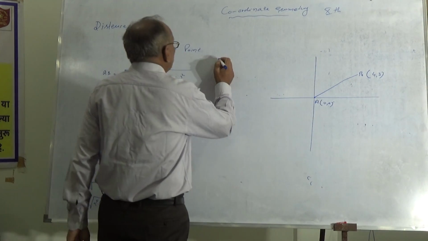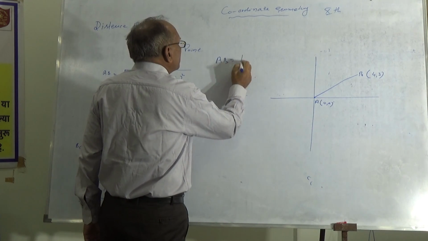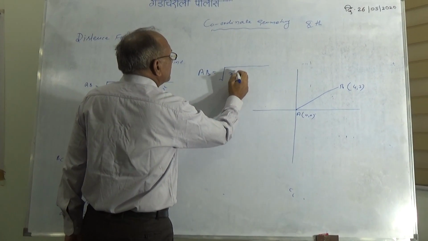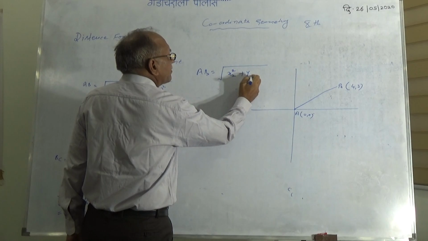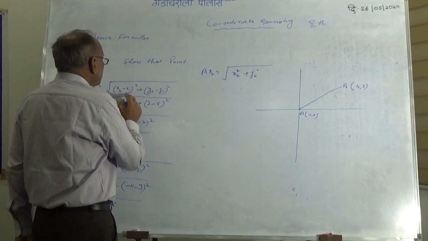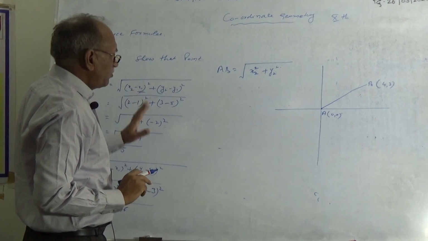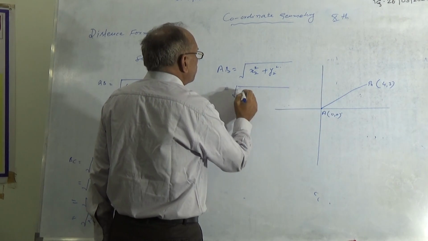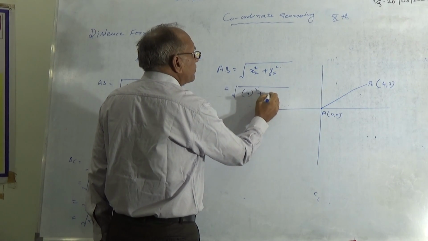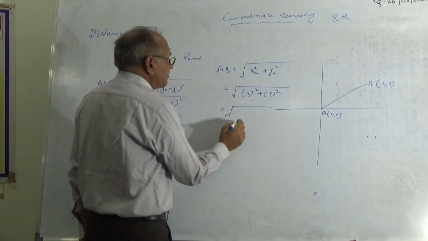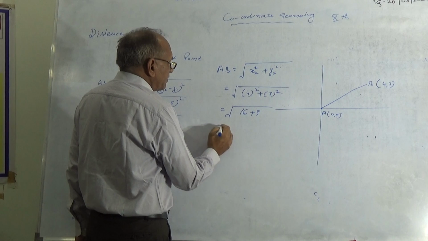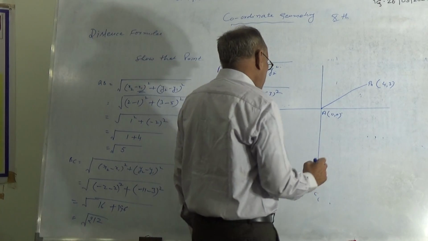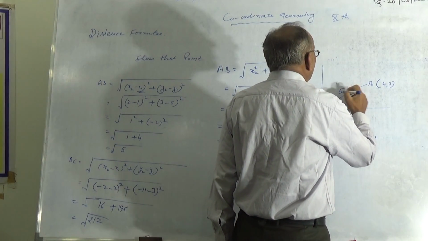Therefore, it reduces to AB equals square root of x2 square plus y2 square. Here x2 is 4 square plus y2 is 3 square. Solving further, 16 plus 9 is 25, and the square root is 5. Therefore, the distance is 5 units.